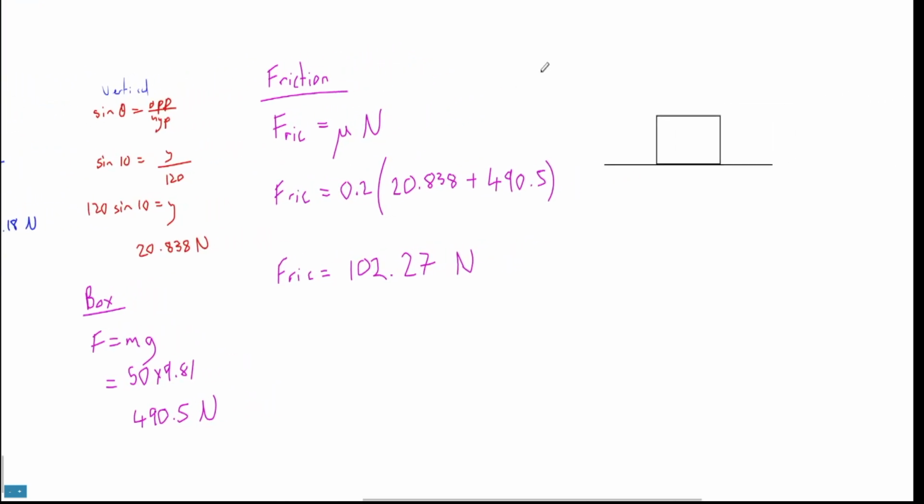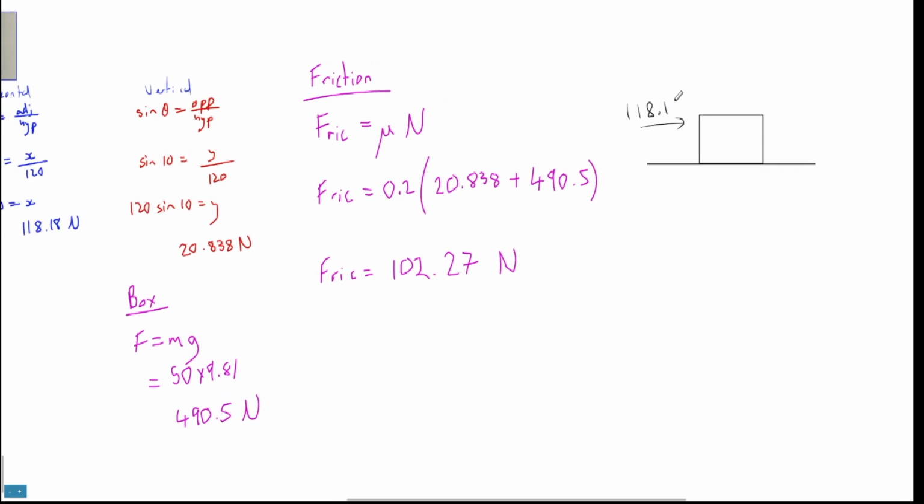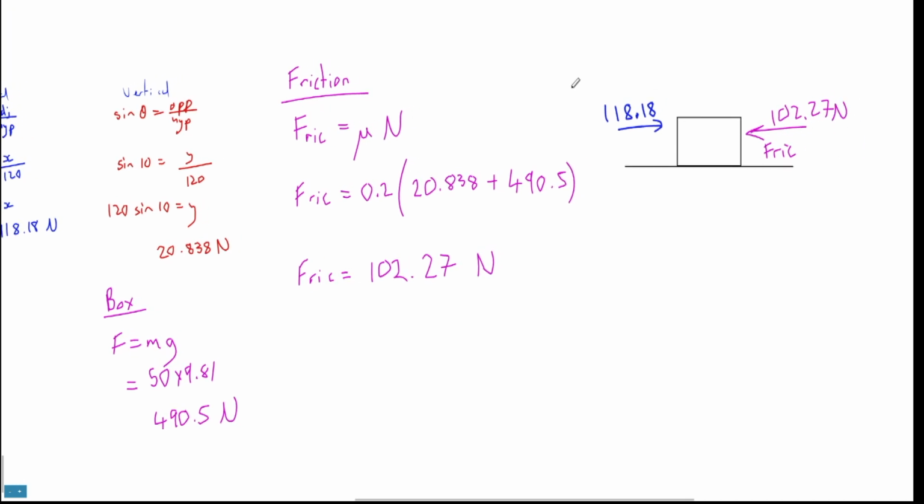This is the pushing force going this way. Let's do it in blue. Now, the resisting force, which is done in pink, is 102. So this is the friction. This is friction pushing it backwards, which is 102.27 newtons.